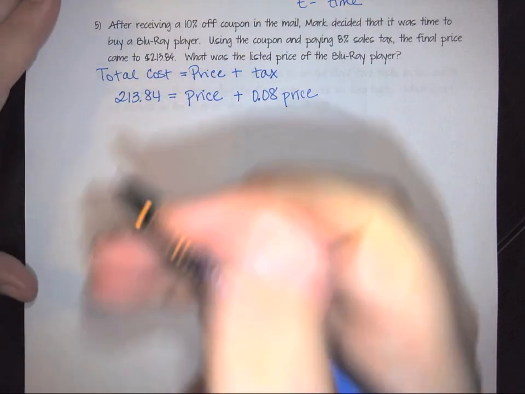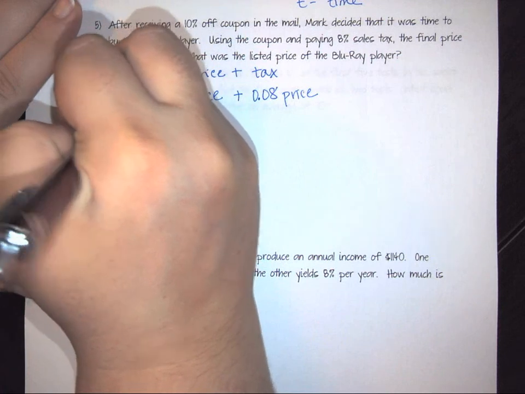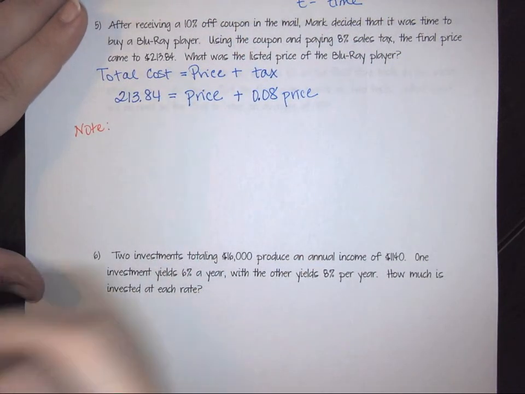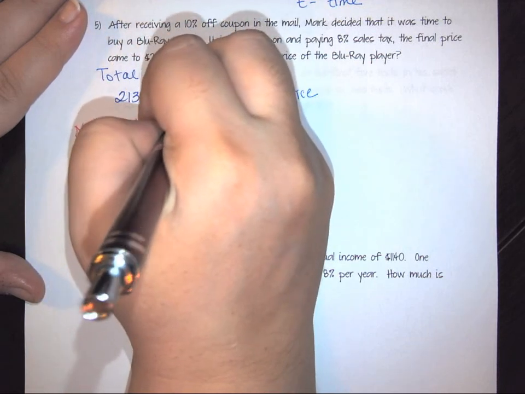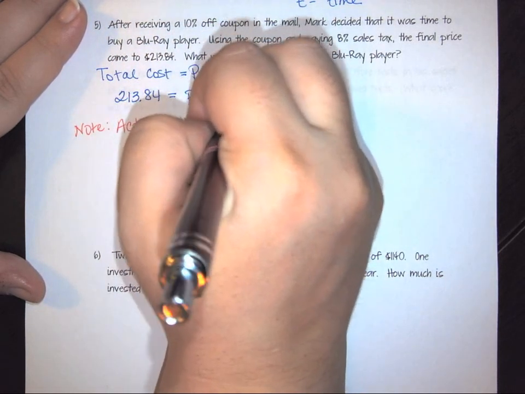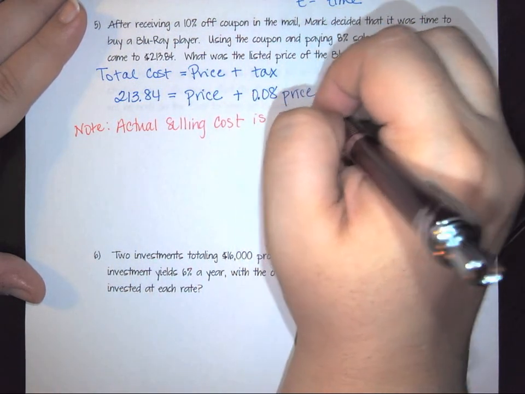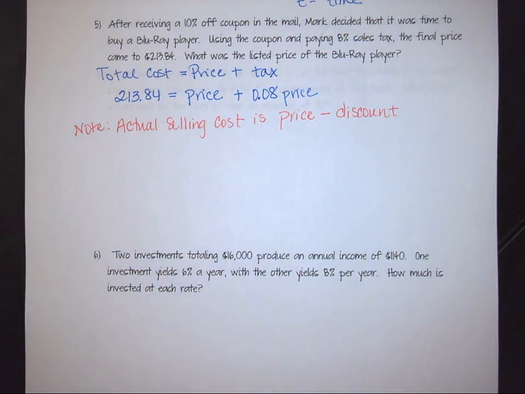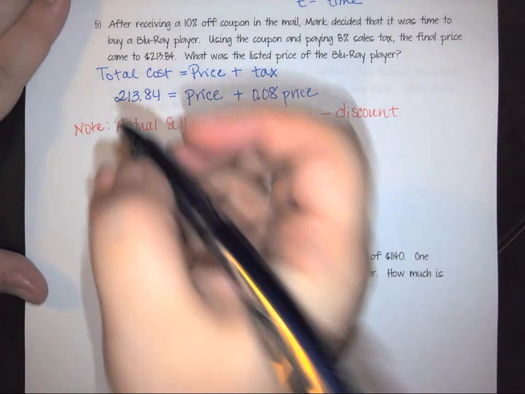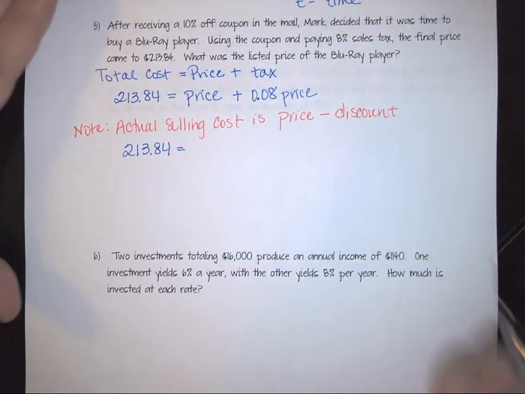Well, there's one thing that we need to note here. So when we are talking about cost, your actual selling cost is whatever your price was minus your discount. So let's think about that. I have a total of $213.84.